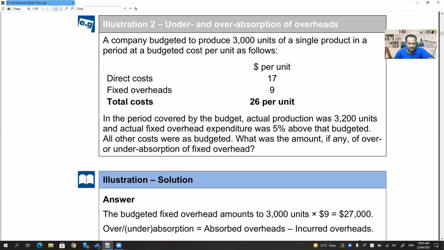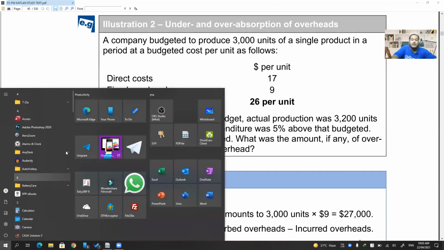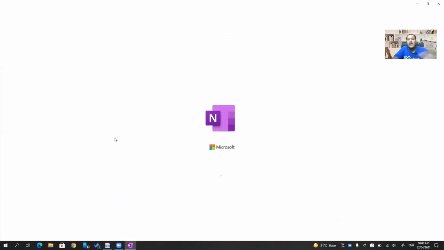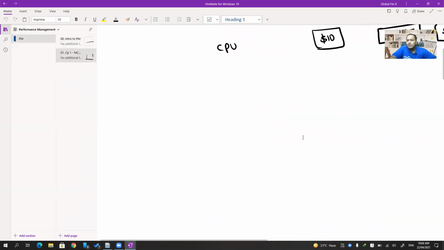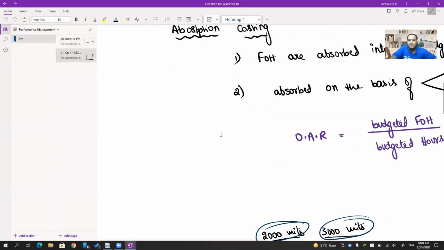In yesterday's question, in the example, we took budgeted fixed overheads and actual fixed overheads to be the same. It's not always the same. The actual cost will be slightly different from the budgeted cost, correct? So let me quickly go to that.